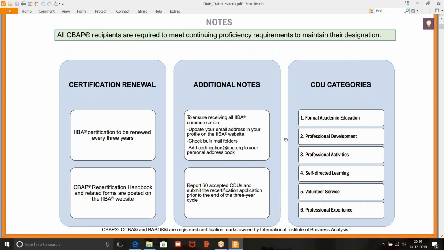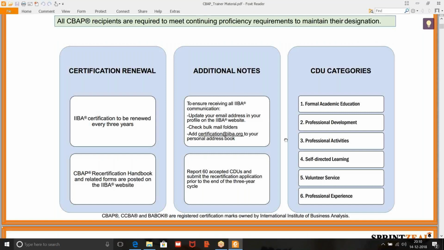I like the way they ask the certified CBAPs to get it renewed, because there is a limit in each of these areas. You see these CDU categories. There is a limit that you can derive PDUs from each of these areas.